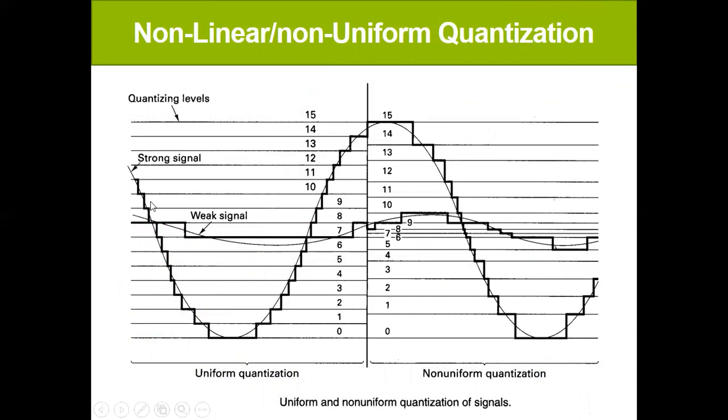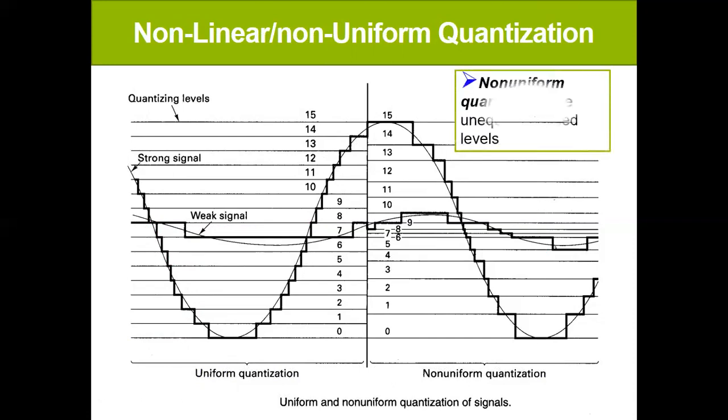This is uniform. You can see the voltage differences between levels are uniform. Whereas in this one, where the signal is more dense, the voltage level separations are very small, so that all the variation of voltage level can be captured. At turning points where there is a change and variation, the levels are closely spaced, but where there is not much change, the voltage level differences are larger.